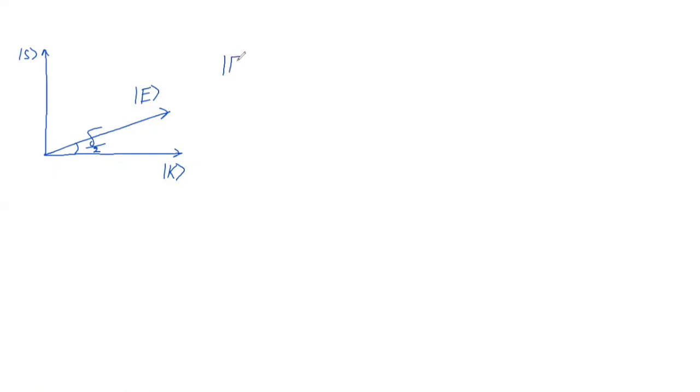We will write that vector E is equal to the sum of all possible states of the search register, so the sum over all x from 0 to n minus 1. And because it's a unit vector, the normalization factor here is 1 over square root of n.